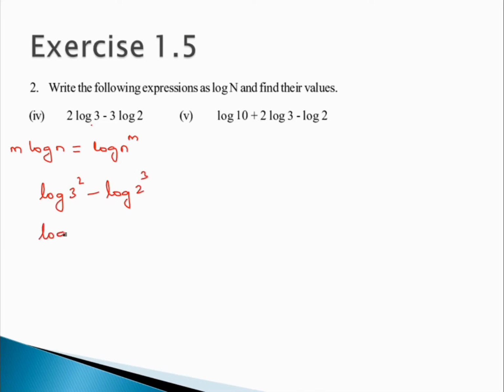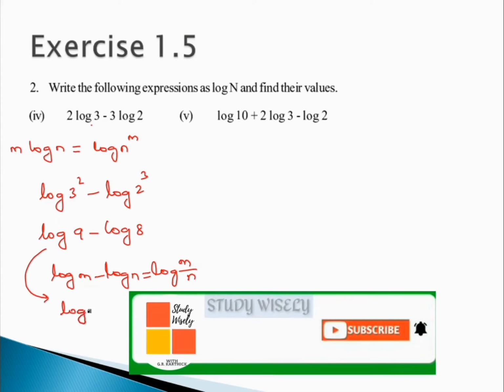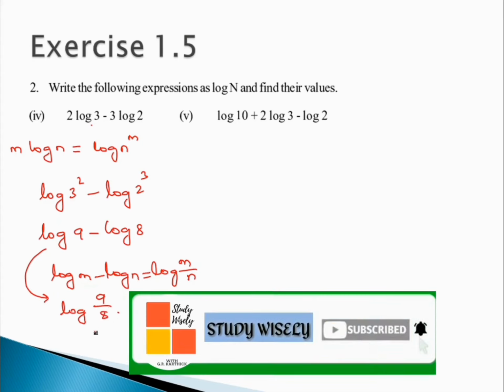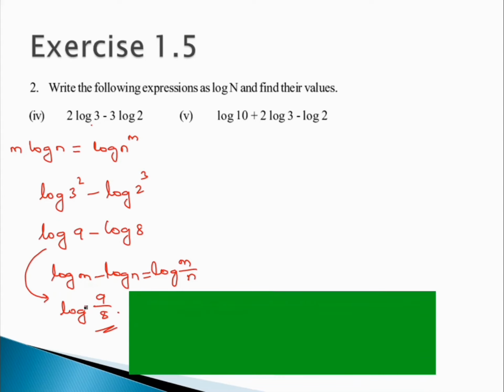So this comes out to be log 9 minus log 8. So you know that log m minus log n is log of m divided by n. Using this formula, I can write log of 9 by 8 as your required answer directly.